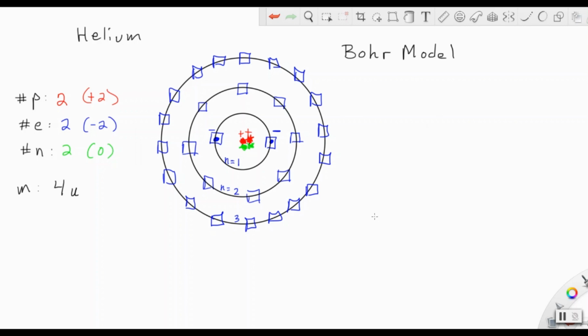Well, again, with a helium atom, I can take away some electrons or add some electrons. So I could make a helium atom with a single plus, and what that means is that I've taken away an electron, and it has a total charge of +1.